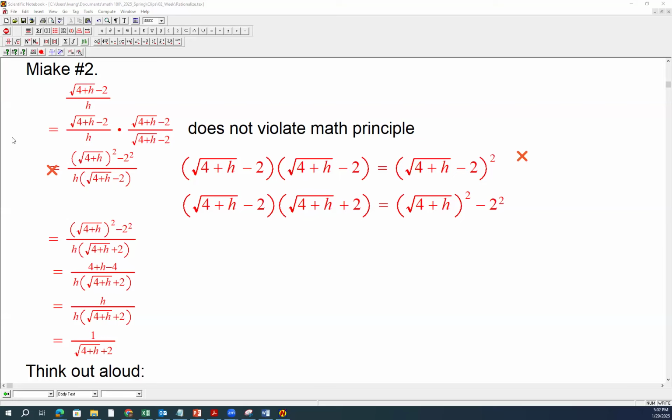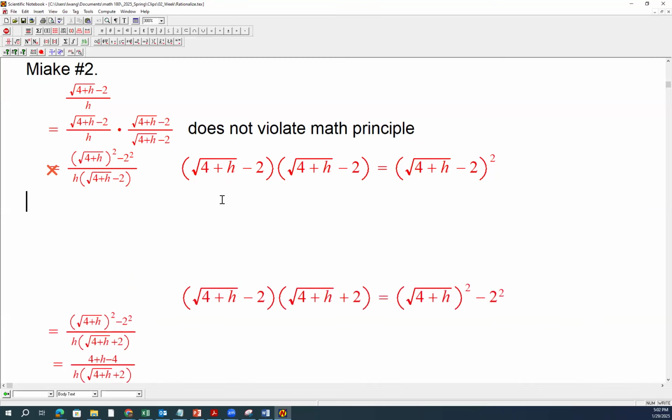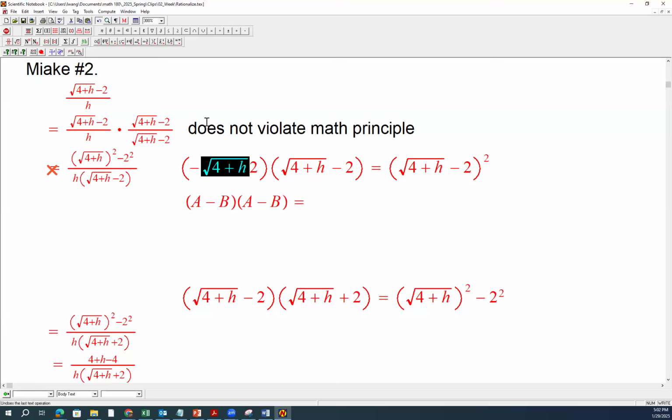Hold on, let me erase that and remove this. You need to understand these two formulas. Fundamentally, it's a minus b multiplied by a minus b. This is a minus 2, whoops.